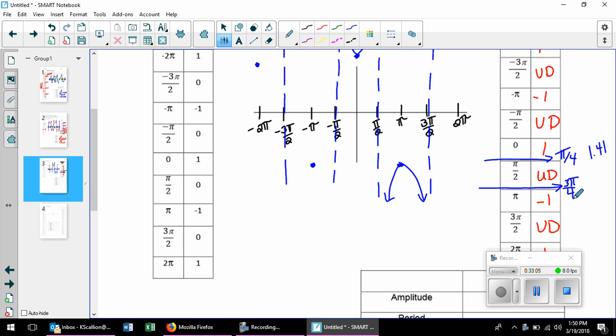Is cosine positive or negative at 3 pi over 4? On your unit circle, 3 pi over 4 is located in quadrant 2. Is your cosine positive or negative? Negative.